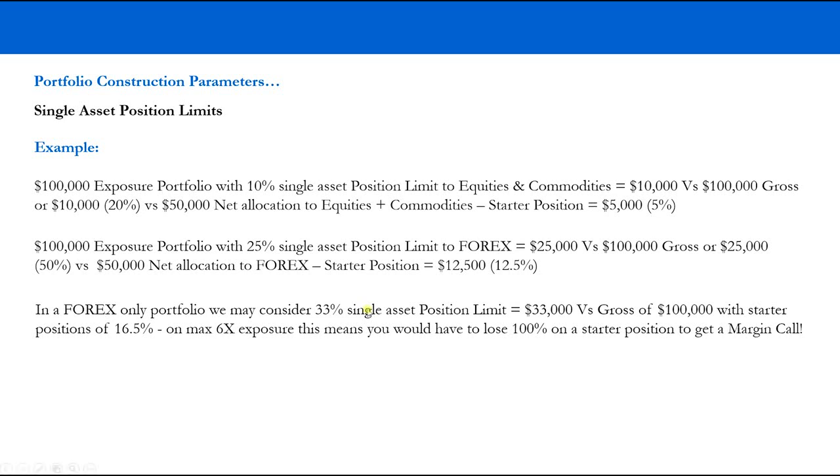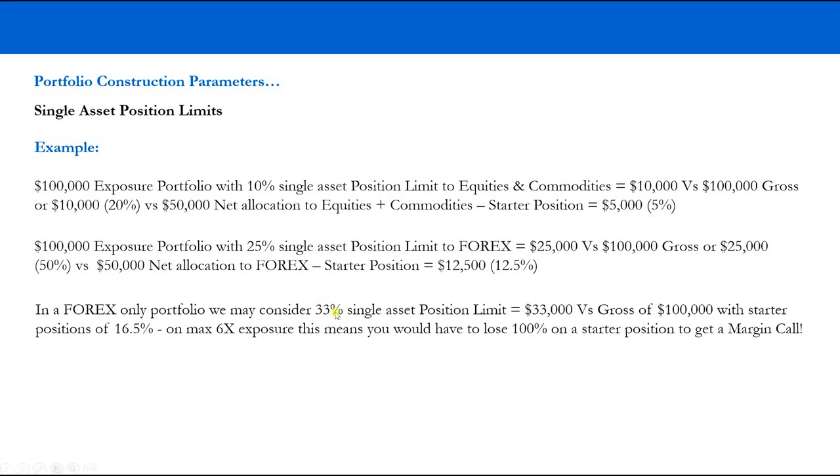So we can apply a single asset position limit in a Forex only portfolio of, say, 33%, whereby we have an approximate $33,000 limit on any one Forex pair at any one time. So with a gross exposure of $100,000, that means we want to be having a minimum of 3 positions or 3 currency pairs at any one time.